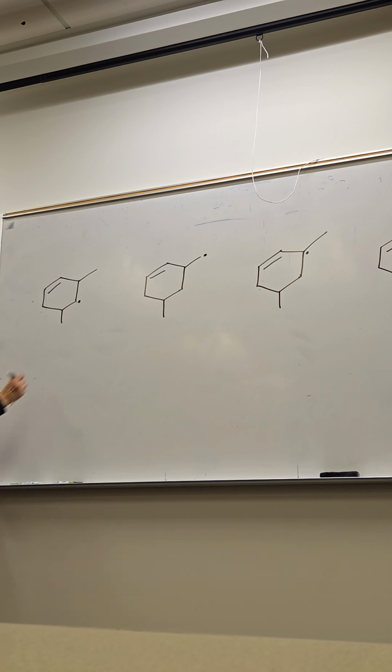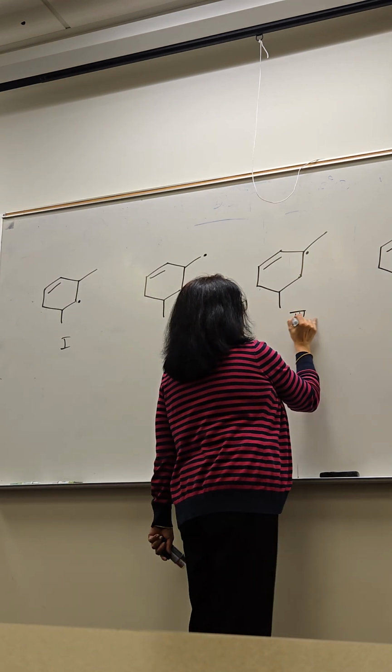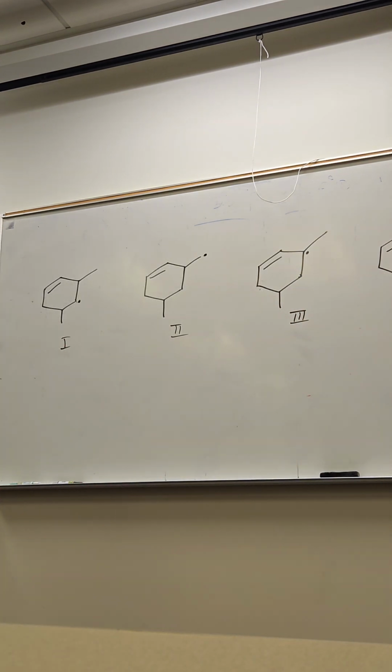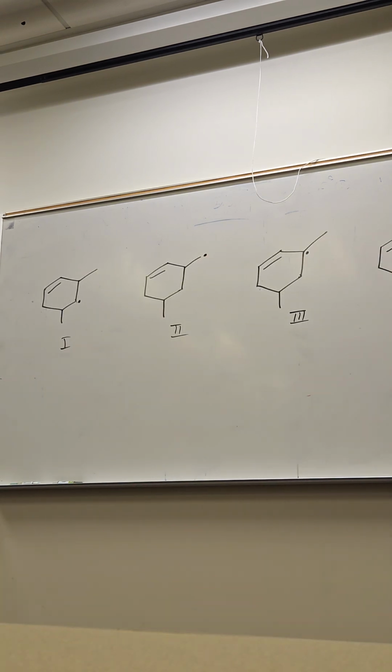Let's call them 1, 2, 3, and 4. Please arrange them in increasing order of stability. So who comes first, least stable or most stable? Least stable. Good.